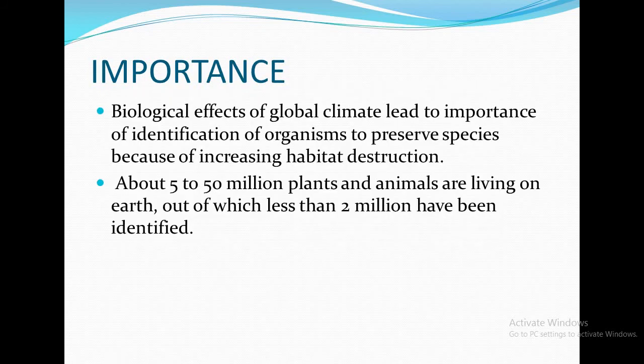Importance: global climate change leads to the importance of identification of organisms to preserve species because of increasing habitat destruction. About 5 to 50 million plants and animals are living on Earth, out of which less than 2 million have been identified.